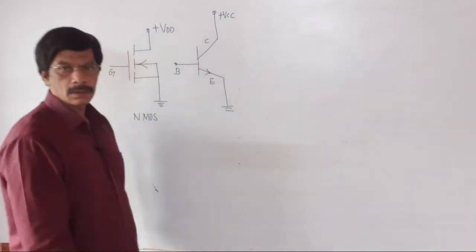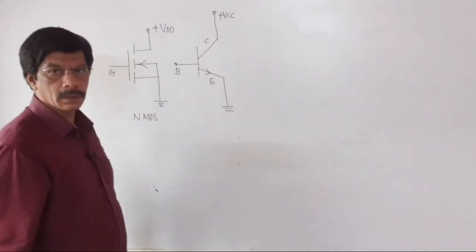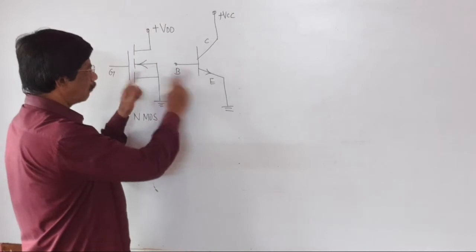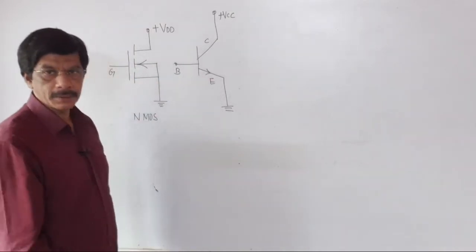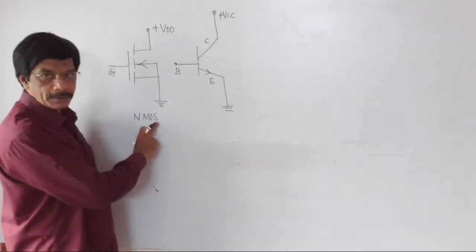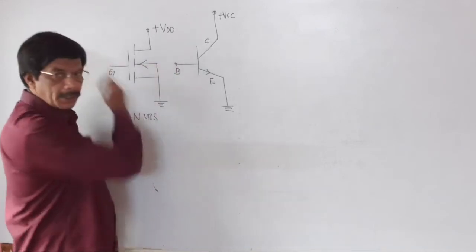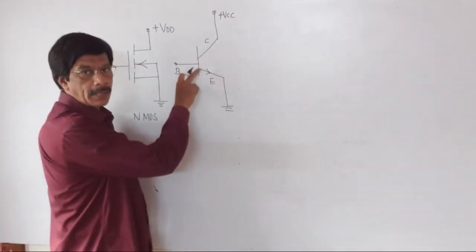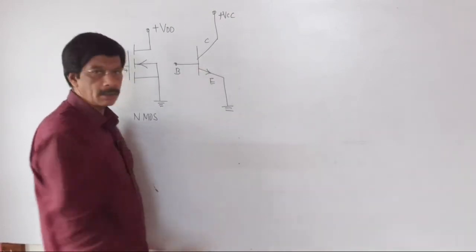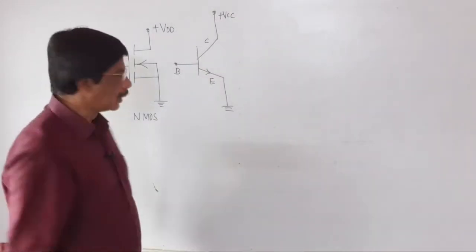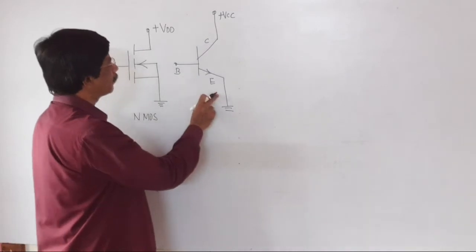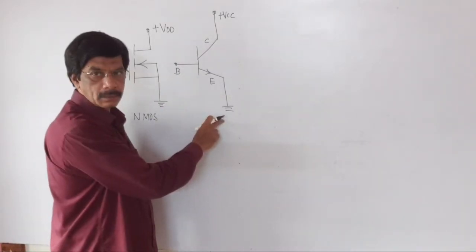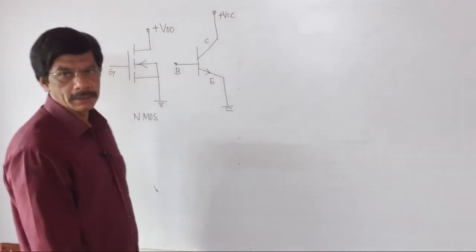Compare the arrows of both transistors. In the case of the NMOS transistor, the arrow is moving towards the gate terminal, but in the case of the NPN transistor, the arrow is moving away from the base terminal, which means the current flow here is from base to emitter terminal. This is the reason.